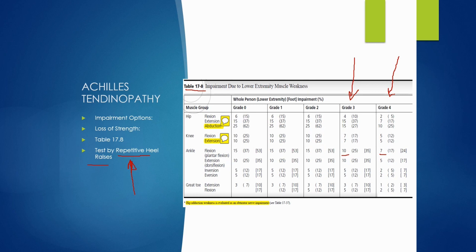So really, we're not limited and we're not constrained by Chapter 17. We can go anywhere within the four corners of the AMA guides as long as our reasoning is sound.